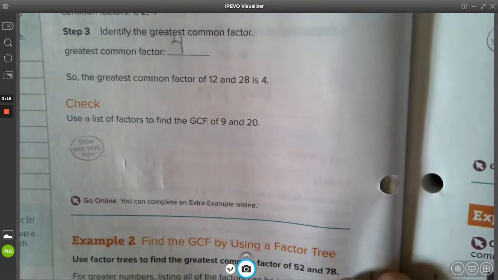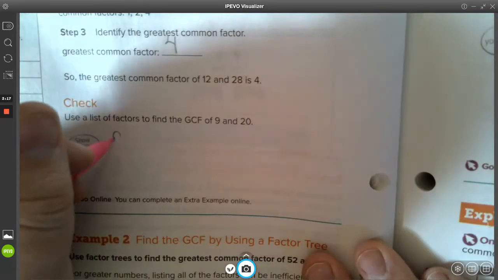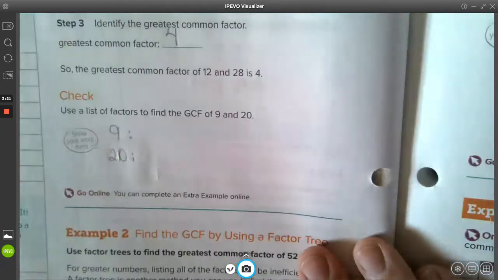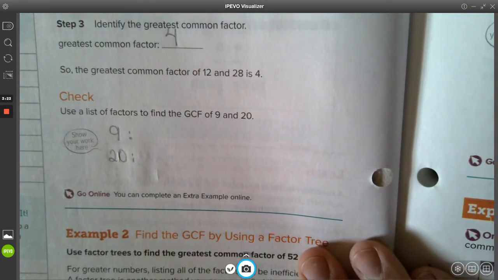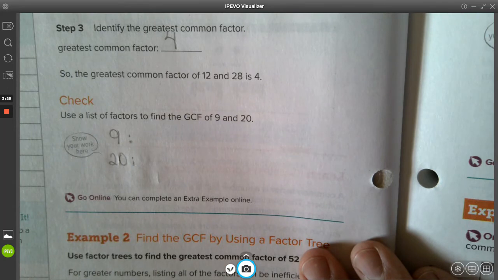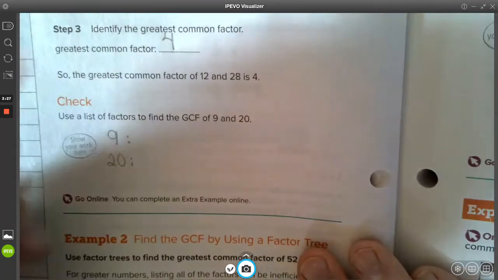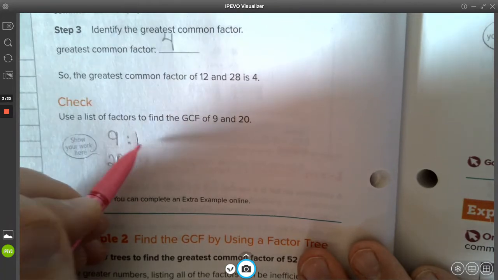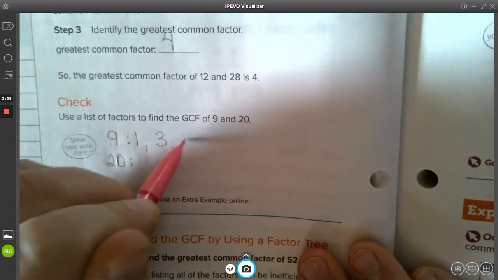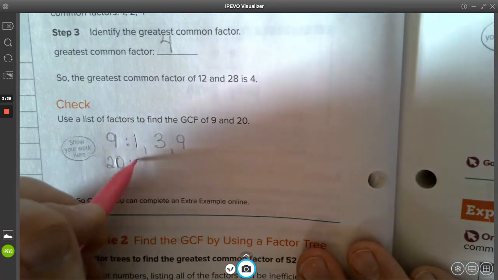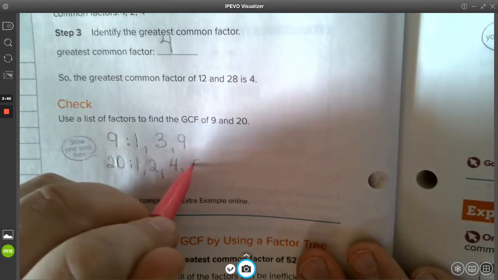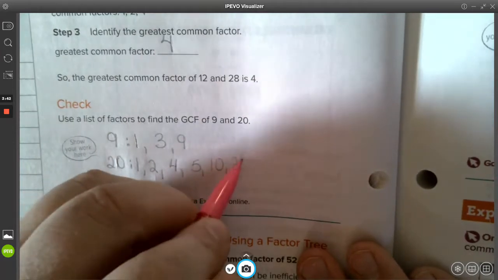On your check, we're going to list the factors of 9 and 20 and then find the greatest common factor. I'm going to have you pause here and see if you can find it yourselves. When you do this, you list out your factors: 1, 3, 9, and 1, 2, 4, 5, 10, 20.